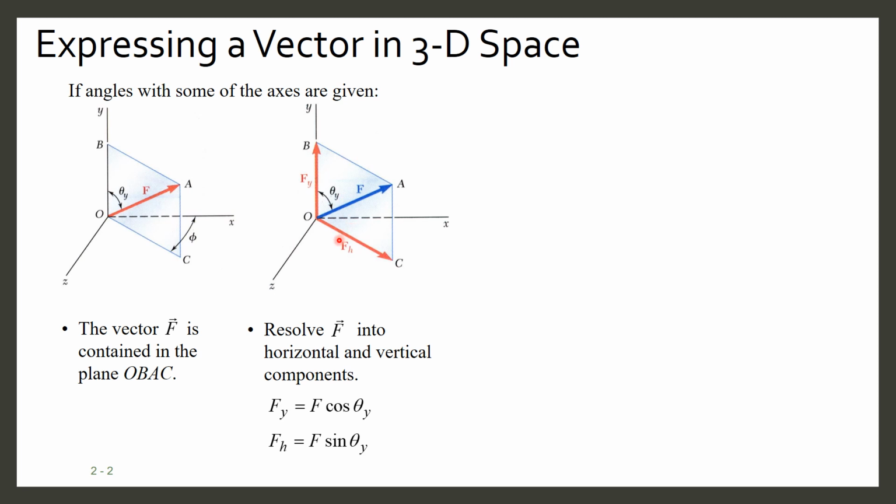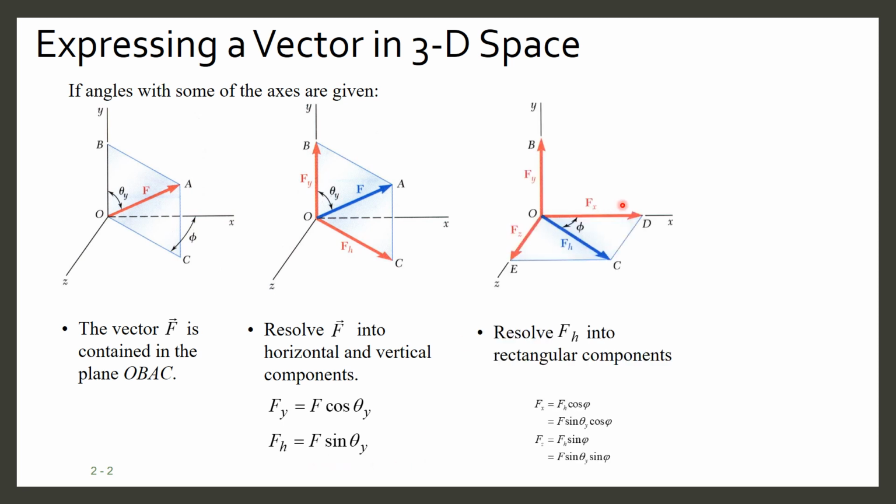And in the horizontal direction, we can resolve similarly: Fh is equal to F sine theta y. This is the same as we do in 2D. So we are resolving the vector in this plane OBAC. Fy will be F cos theta y and Fh will be F sine theta y.